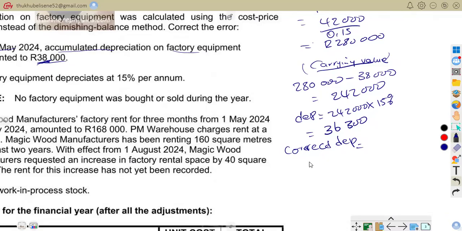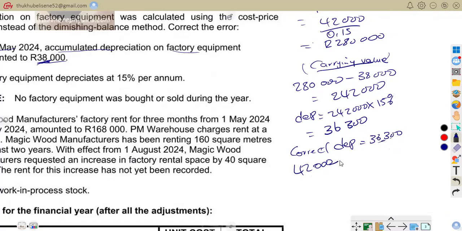So the bookkeeper recorded 42,000, which is incorrect, but the correct depreciation is 36,300.